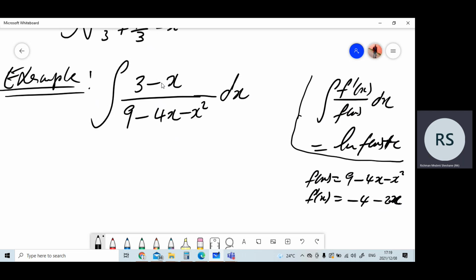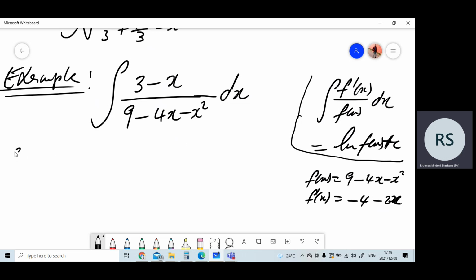And if you check here, you don't have a derivative of this. But you now know that when you have a linear over a quadratic, you split this into two terms, and you also need this form and integration by completing the square. So in the numerator, we need the derivative of this denominator.